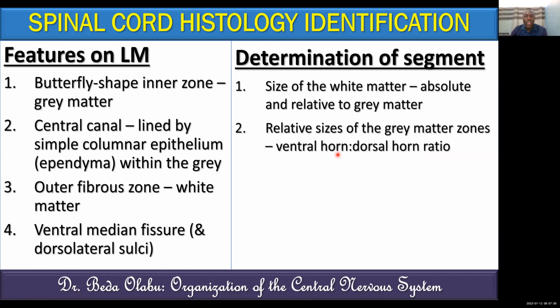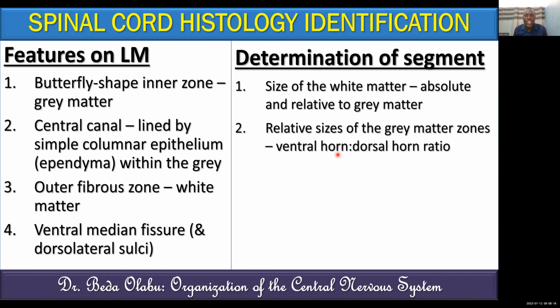And so if many of them are arising from a constricted zone, then we'll expect the gray matter of that region to be expanded. And that's what happens here. That is why the regions that give rise to plexuses, because they're supplying a lot of skeletal musculature of the limbs, their ventral horns are quite prominent. That does not mean that their dorsal horns are not prominent compared to the other segments. They're still prominent, except what you're saying is that the prominence is more on the ventral horn than the dorsal horn.